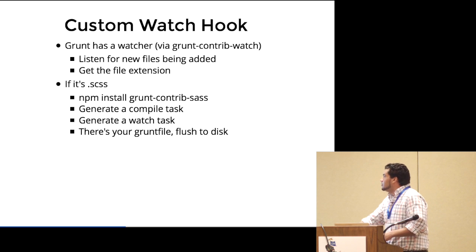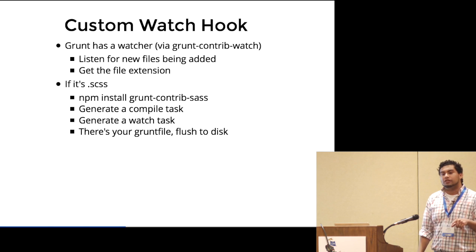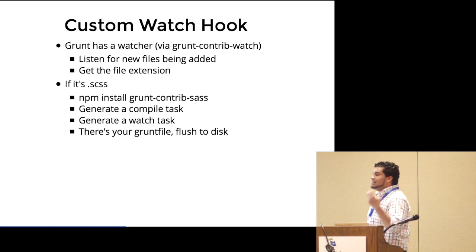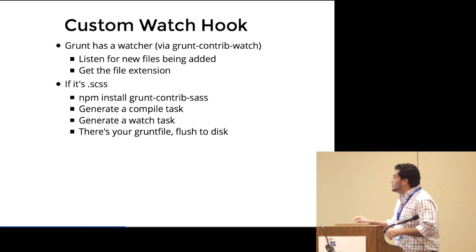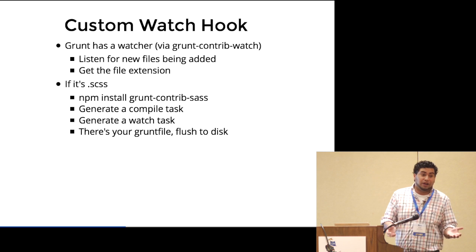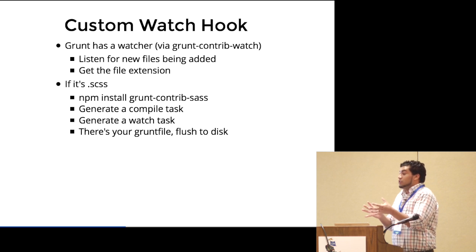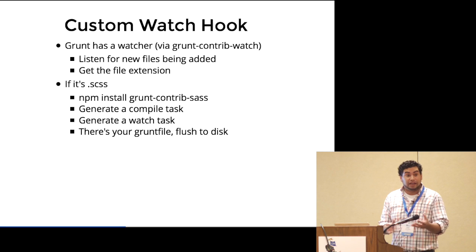So what we're doing here is hooking into the watcher, listening for new files to be added. Once we know that a file has been added, let's get the extension. Once we know the extension, if it's SCSS in this example, where we're dealing with Sass files or .sass, there's a finite set of things that we want our build tool to take care of for us.